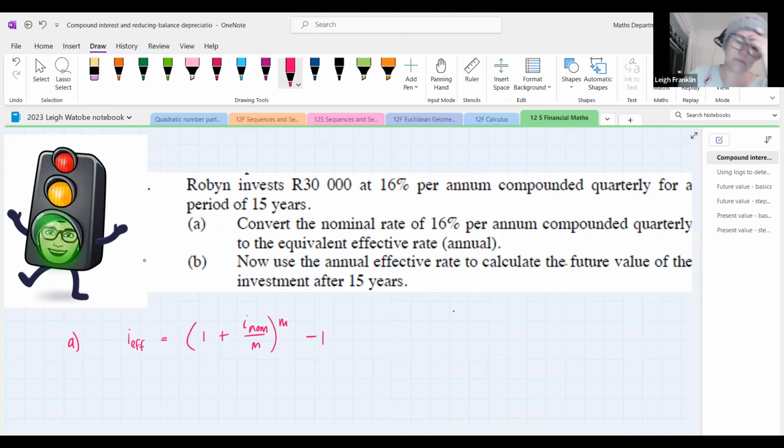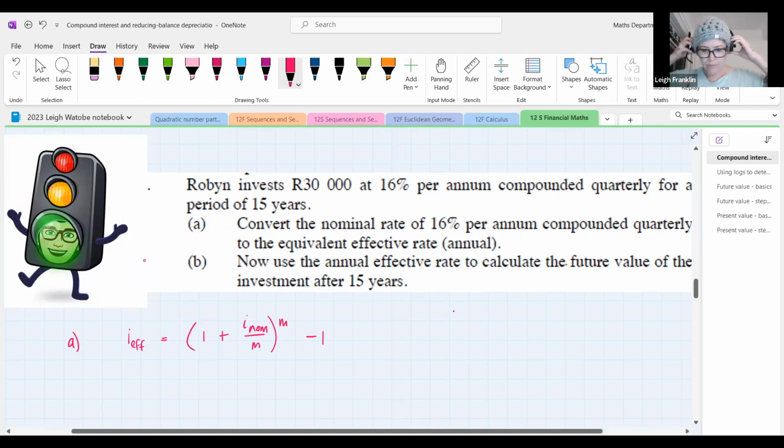Ma'am, I think that the effective interest rate is an interest rate that is paid maybe once in a year, and then the nominal interest rate is paid more than once in a year.